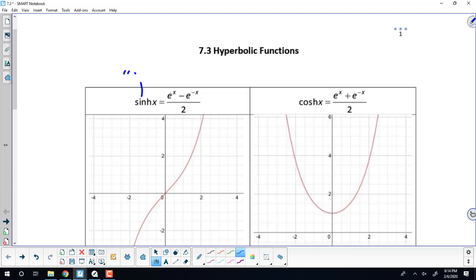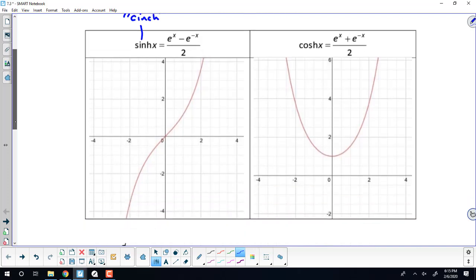We see that they are actually exponential functions. The definitions are very similar. Sine has a minus, cosine has a plus on top. And the graphs are as follows.